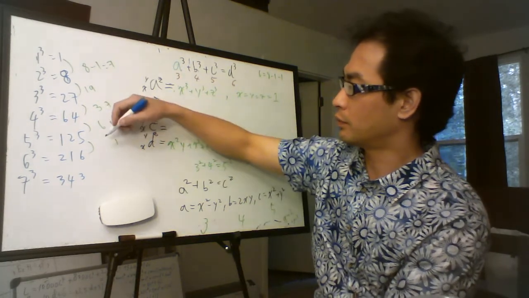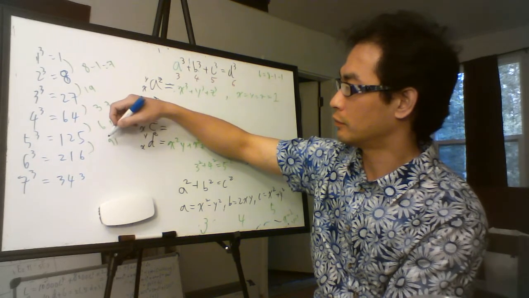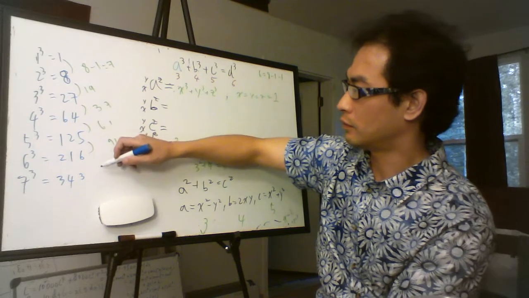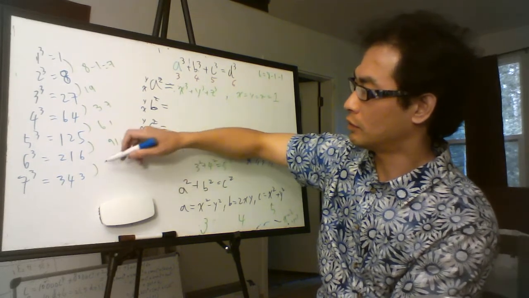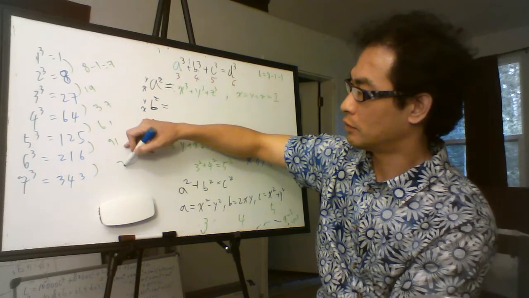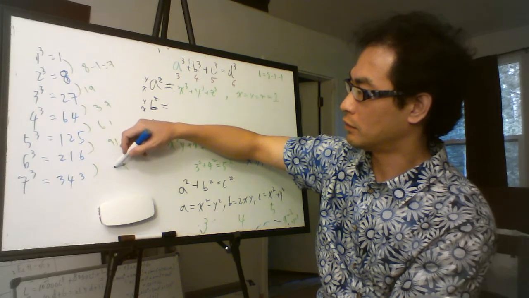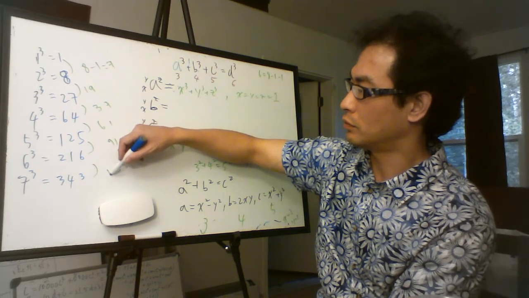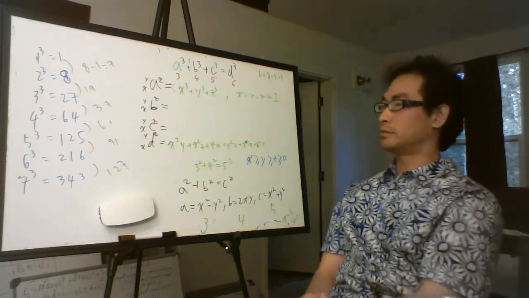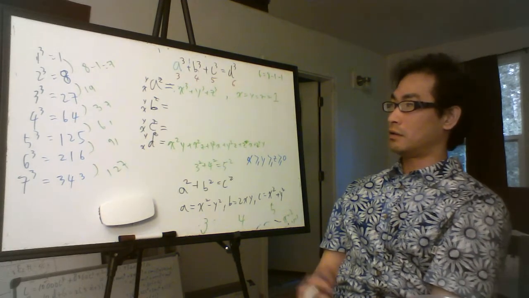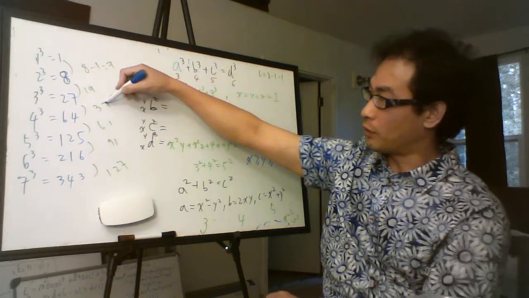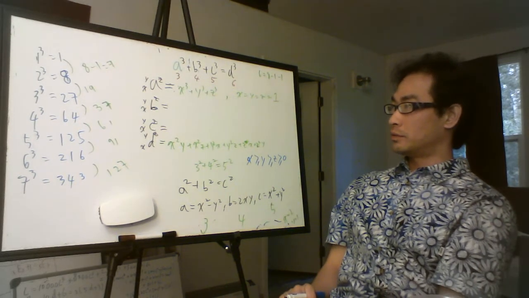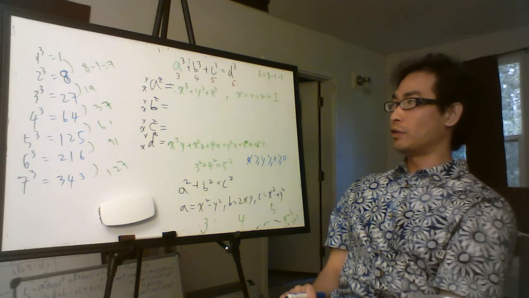Okay. You subtract 7, 2, 1. They happen to be all prime numbers, okay? So probably it's already known.